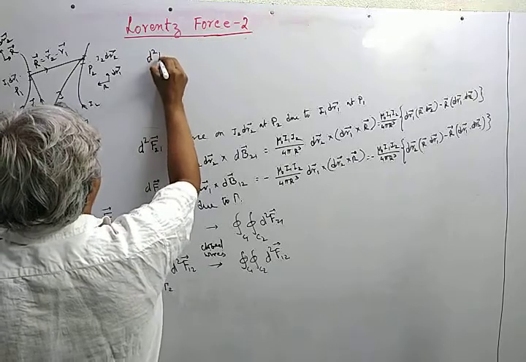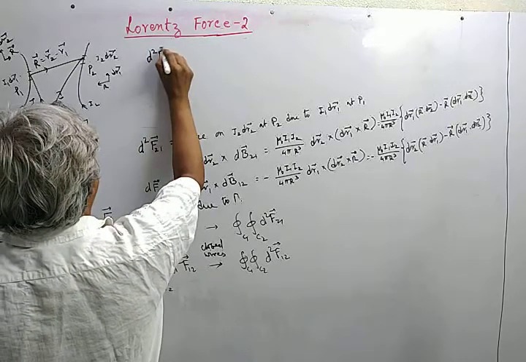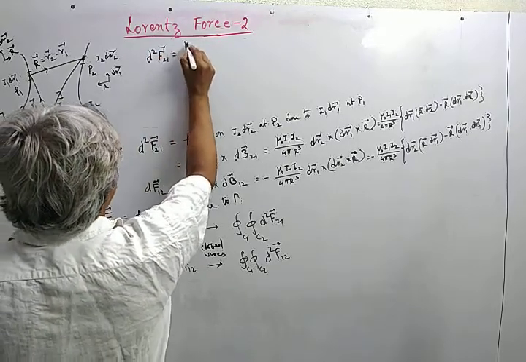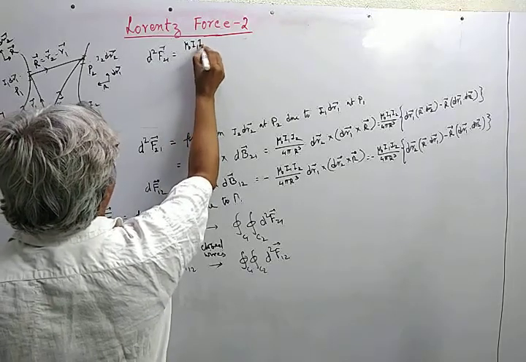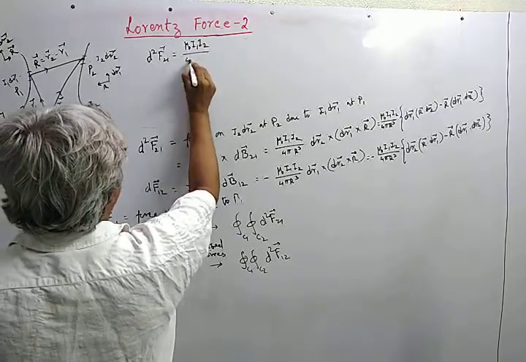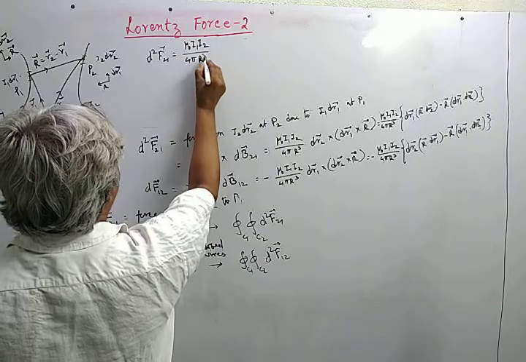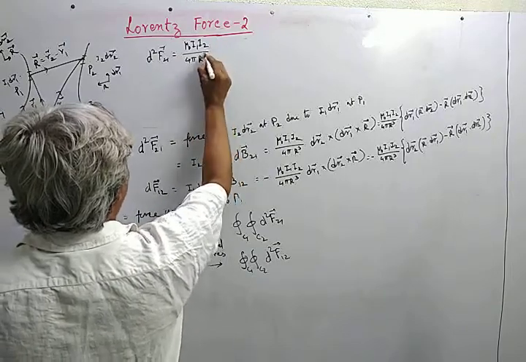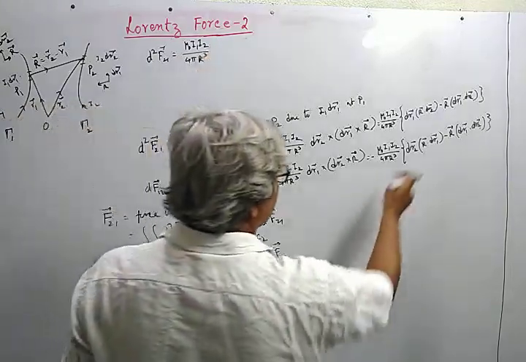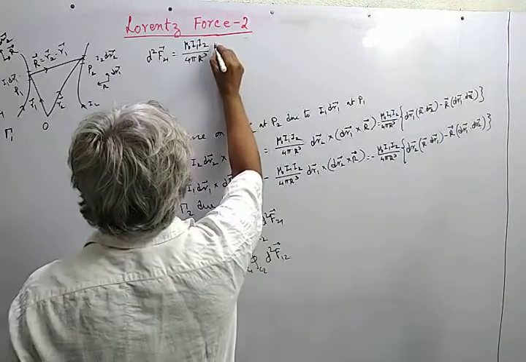d2F21 is equal to mu 0 I1 I2 upon 4 pi r cube, then this part.